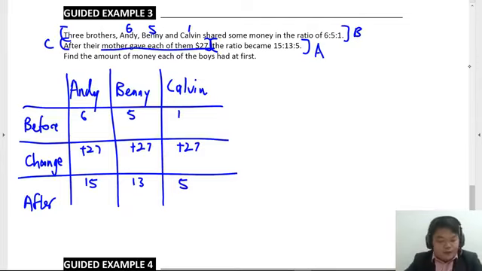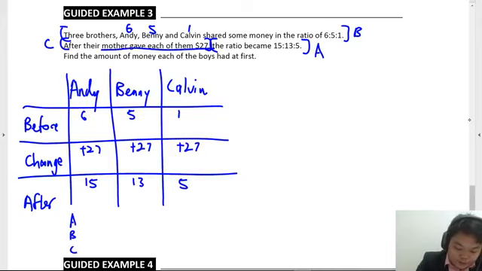Okay, so over here, if you look at all three of them, in model form, this is what's actually happening. Andy got the most, Benny got like 5 blocks, and Kelvin got 1.